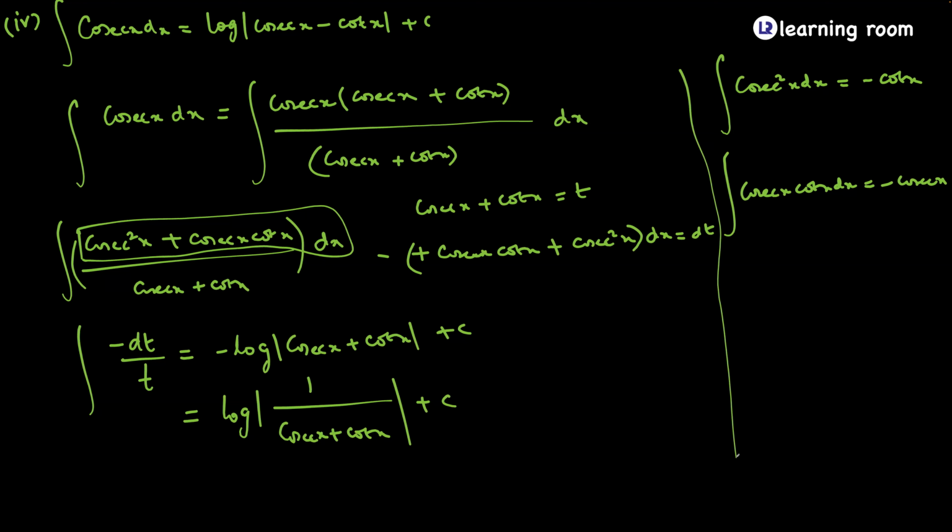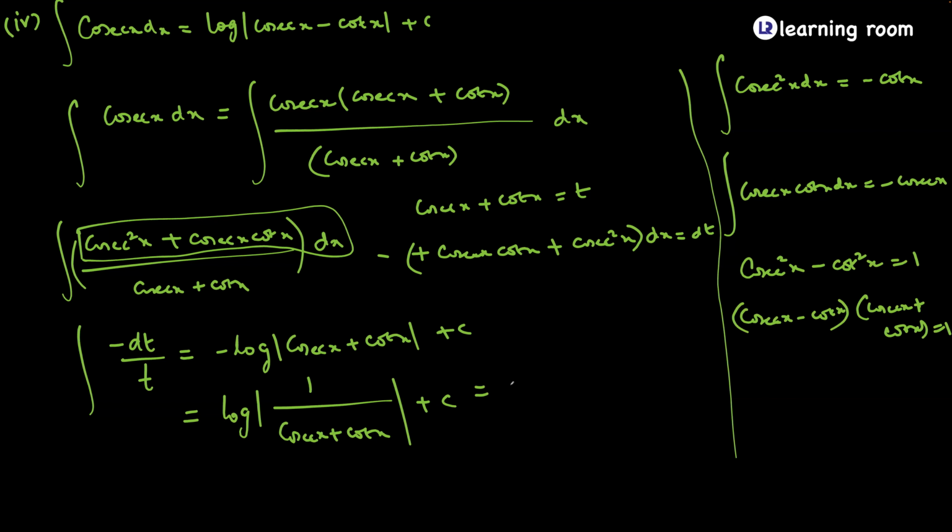But how can I write 1 in terms of cosecant and cot? There is an identity which says cosecant square x minus cot square x is equal to 1. This can be simplified as cosecant x minus cot x into cosecant x plus cot x is equal to 1. I will use it here.